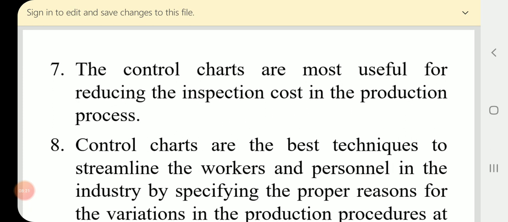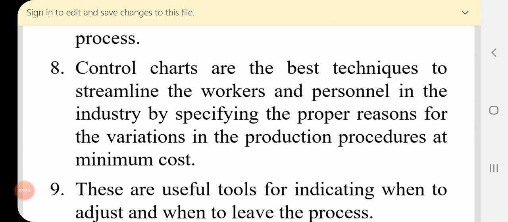The control charts are most useful for reducing the inspection cost in the production process, because you are inspecting fewer items. The control charts are the best technique to streamline the workers and personnel in the industry by specifying the proper reasons for the variations in the production procedures at a minimum cost.